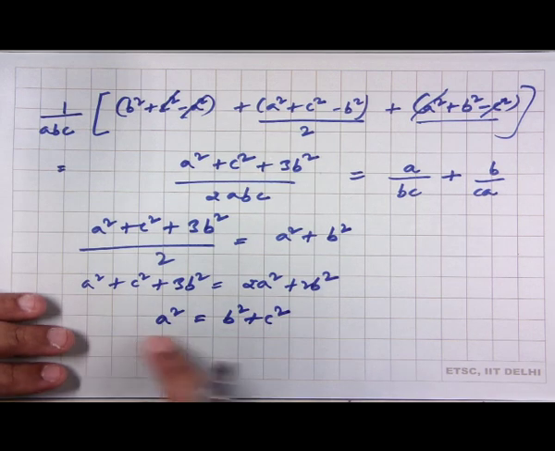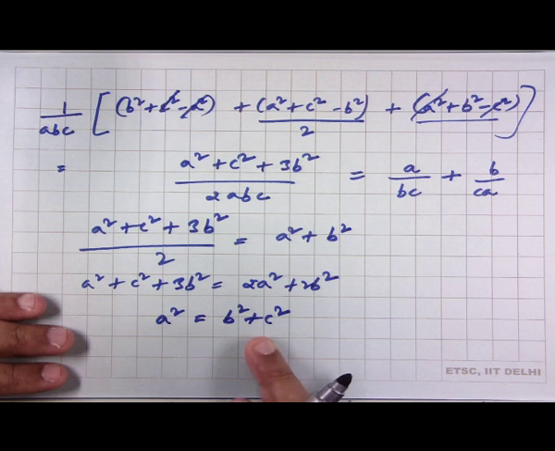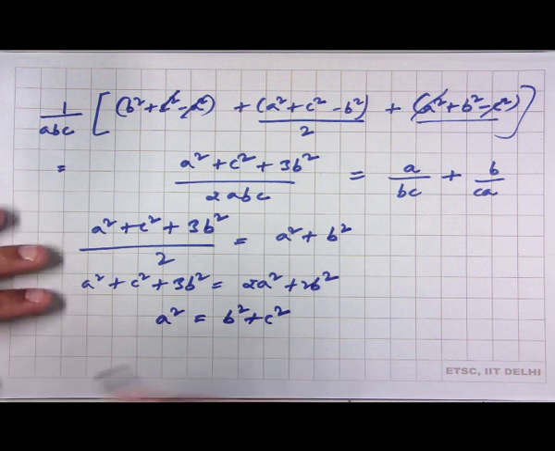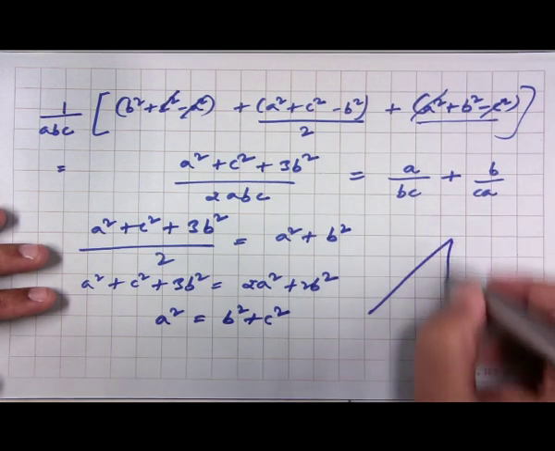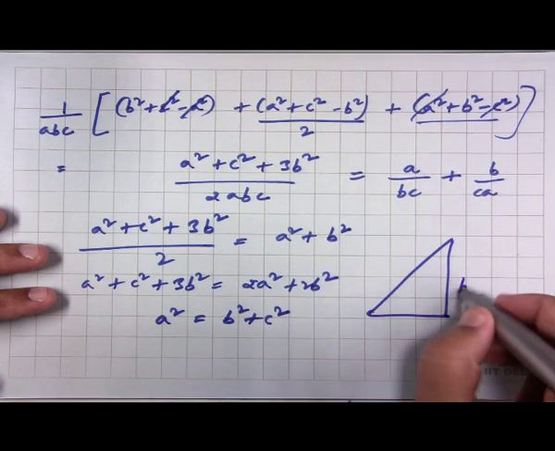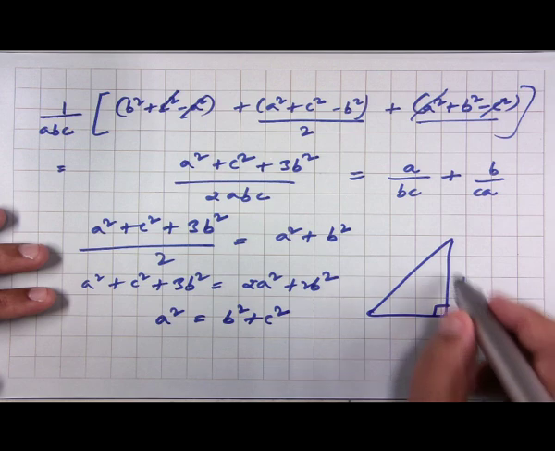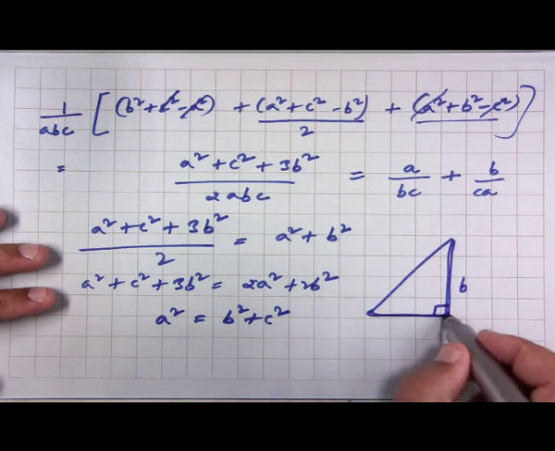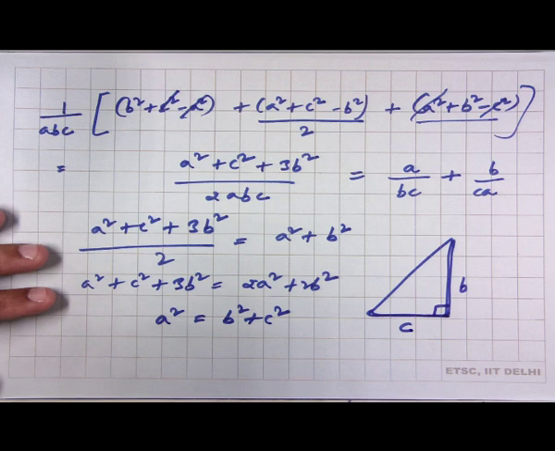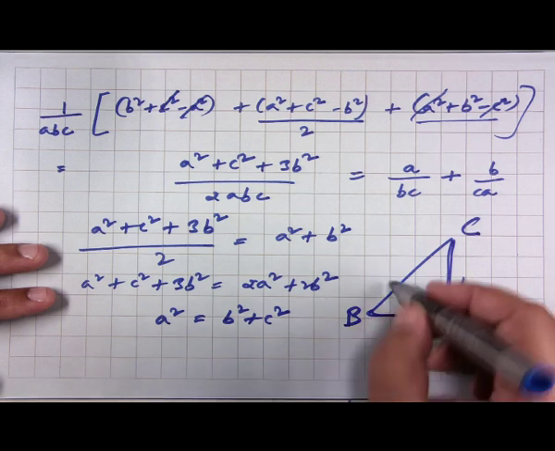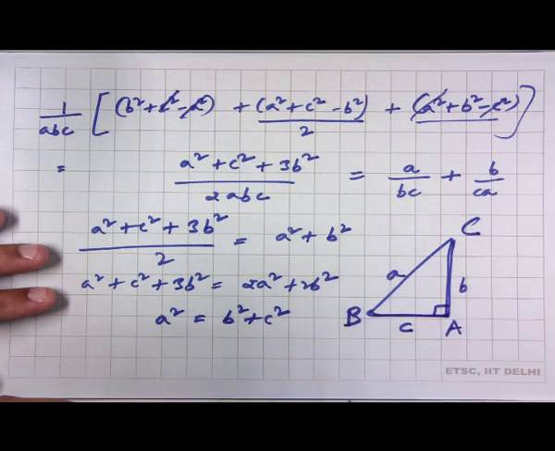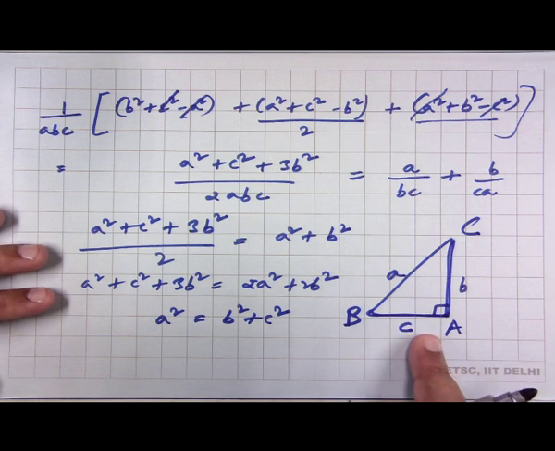And this of course reminds us of the Pythagoras theorem, and essentially what we have is a right angle triangle with B and C as the sides, and A the hypotenuse. So, it clearly can be seen that the angle A is actually 90 degrees.